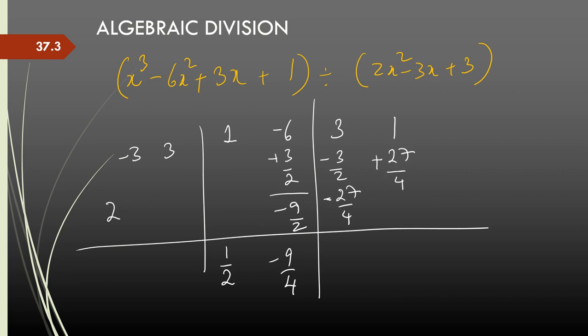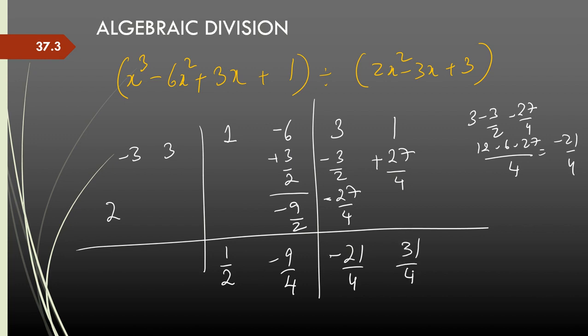We just need to calculate the addition of fractions carefully. 3 minus 3 by 2 minus 27 by 4. So that gives me 4, 12 minus 6 minus 27. So that is minus 21 by 4. So this is minus 21 by 4 and this is 31 by 4.